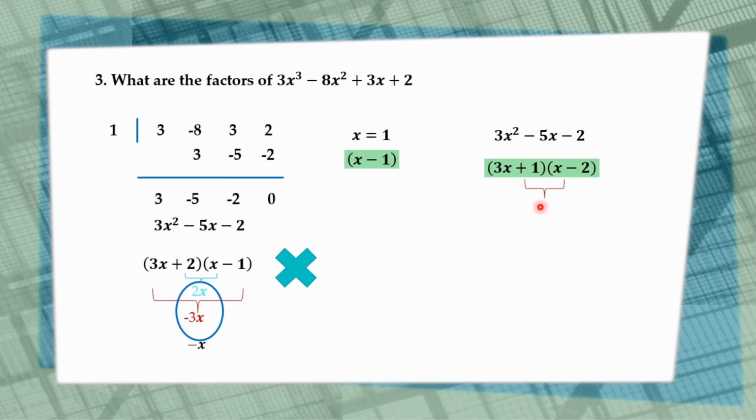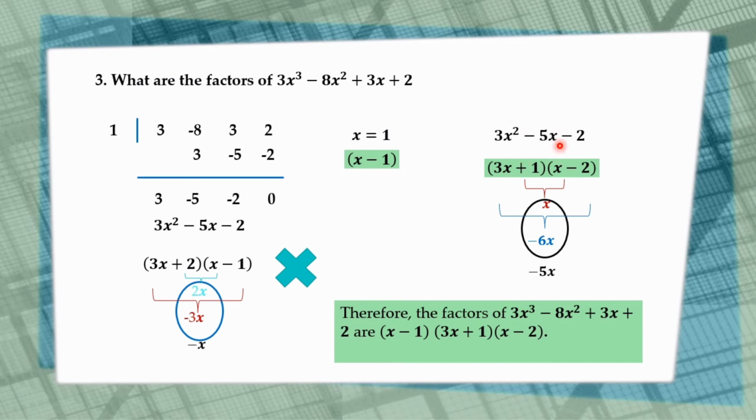So let us check. Multiply the inner term. 1 times x is x. Then the outer term, 3x times negative 2 equals negative 6x. And then add. So x plus negative 6x equals negative 5x. So as you can see, negative 5x is equal to the middle term.